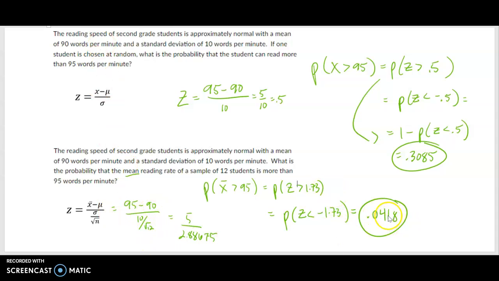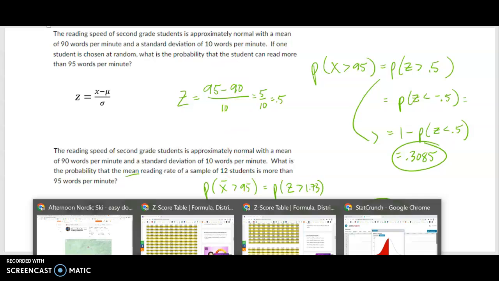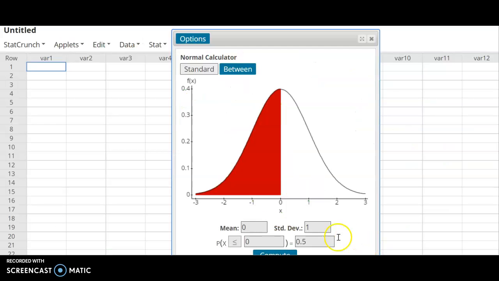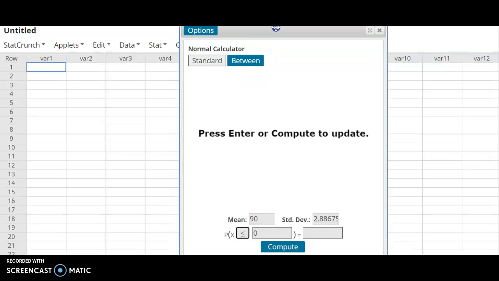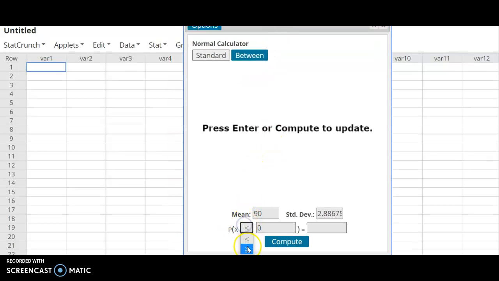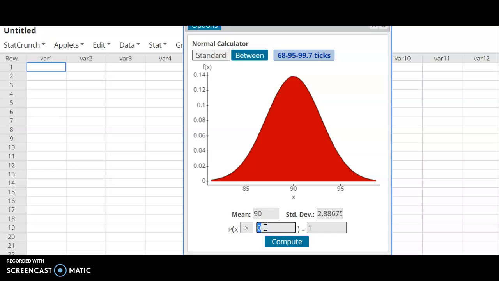So let's see if we can get that same answer here. So the mean was 90. Standard deviation was 2.88675, I think. And we wanted the probability that x was greater than 95.